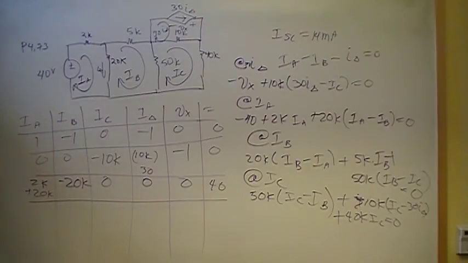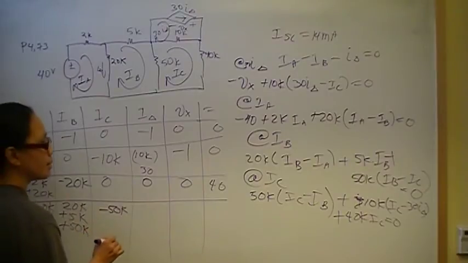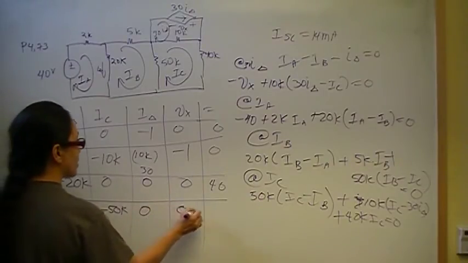And then at IB, we have 20K, and then minus 20K for IA, and then 5K plus 50K for IB, and then -50K for IC, and zeros everywhere else.